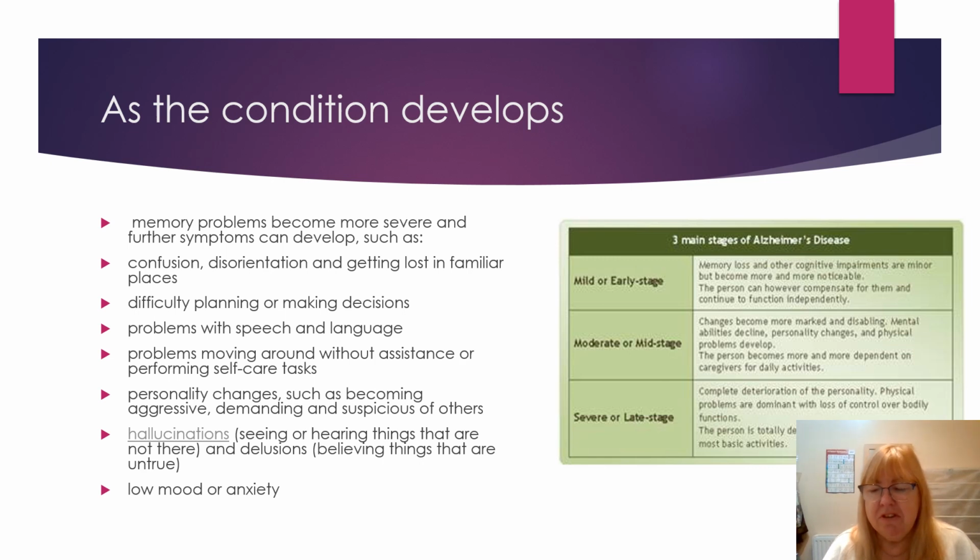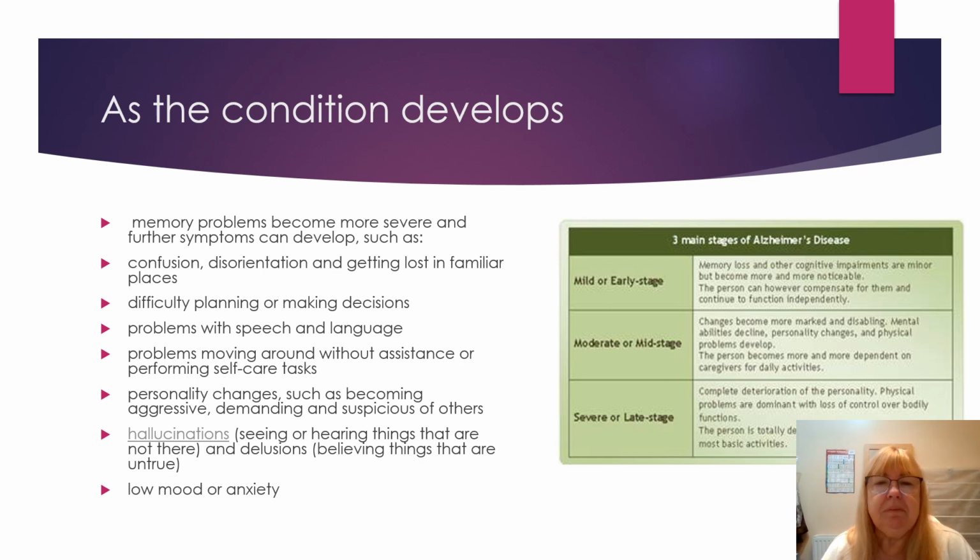And they can be very distressing, both for the person and for the people around them, because they may accuse their nearest and dearest of trying to poison them or trying to hurt them in some way. And no matter how much you protest, it's quite difficult for them to believe. And low mood or anxiety, and that really comes because these things are becoming out of their control. It's not really a surprise that they might end up getting very anxious or very depressed.